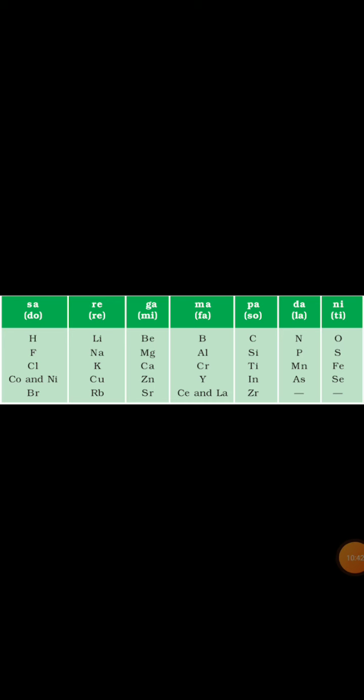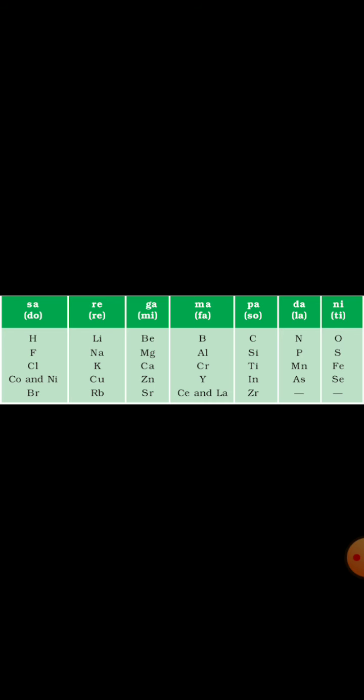One more limitation of Newland's octave is, in order to fit elements into his table, what did he do? Newlands adjusted two elements in the same slot, and also put some unlike elements under the same note. Can you guess what they are from this table?